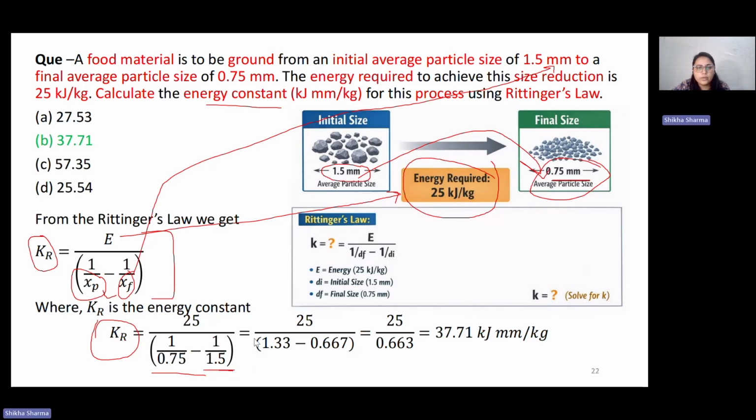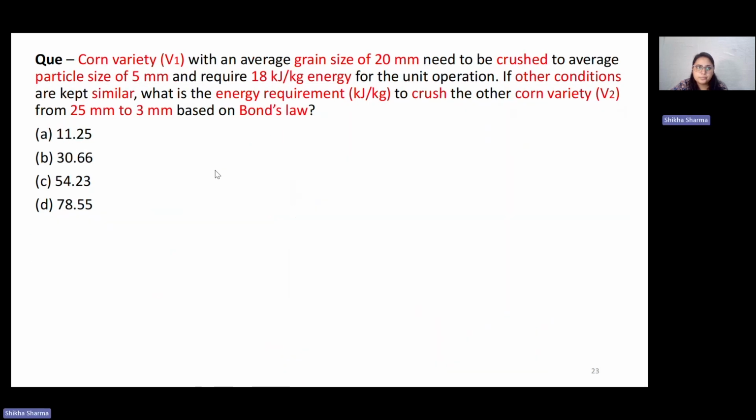This equals 25 divided by (1.33 minus 0.667). 1.33 minus 0.667 would be 0.663. So 25 divided by 0.663 would be 37.71 kilojoule mm per kg. So the answer is B here. I hope this question is clear to everyone.